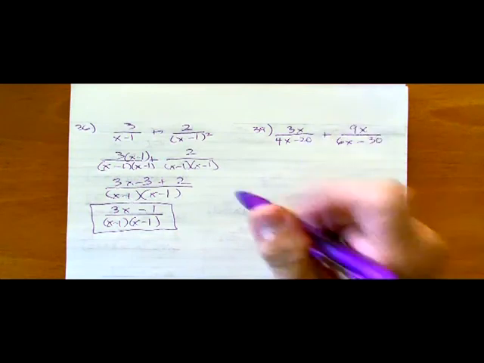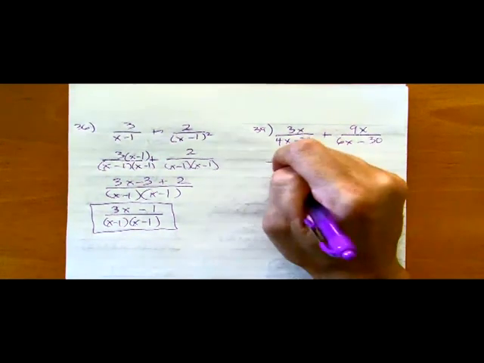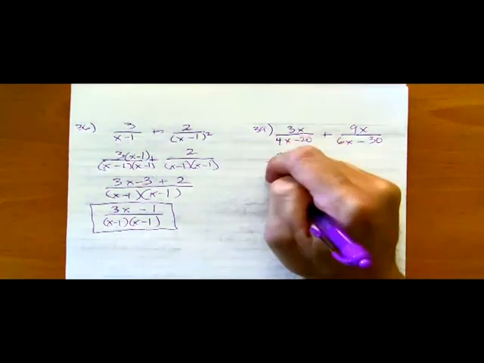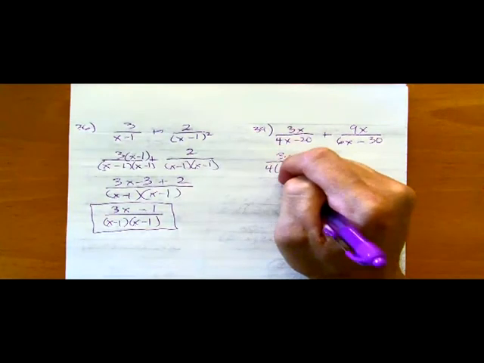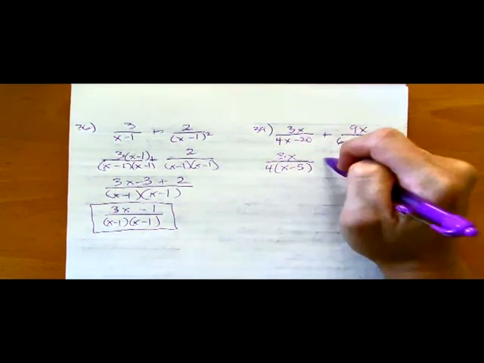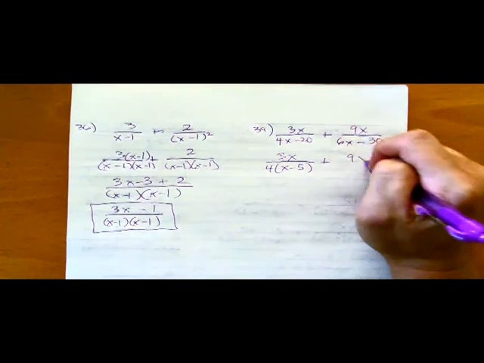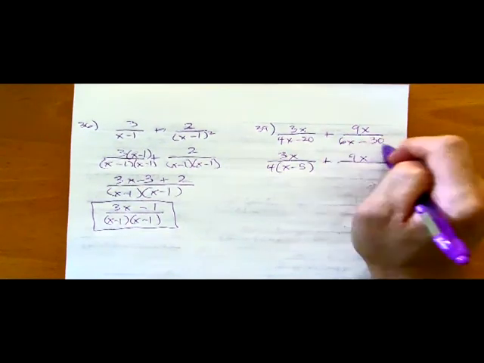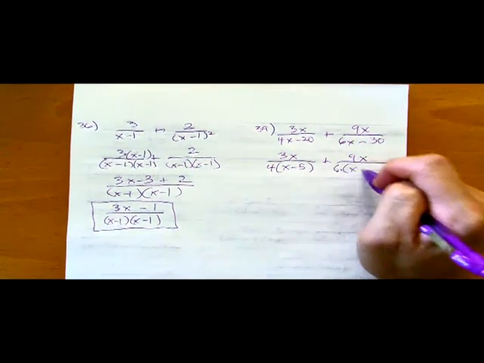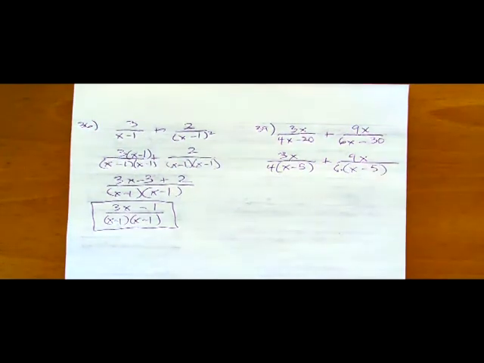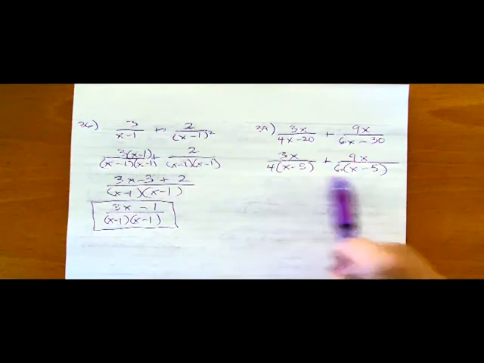So let's do that. The first denominator, they have a 4 in common. X minus 5. If we look at the second fraction, they have a 6 in common. So they have a common x minus 5. All we gotta do is figure out how to get the 4 and the 6 to match.